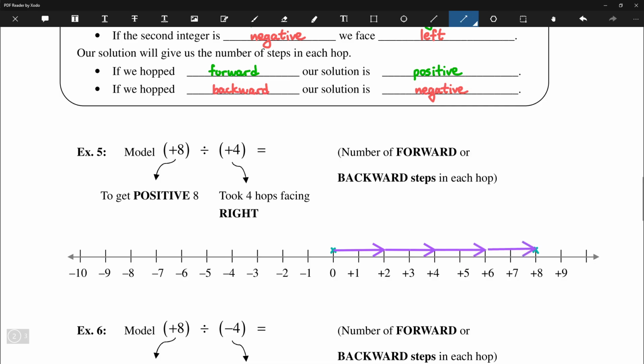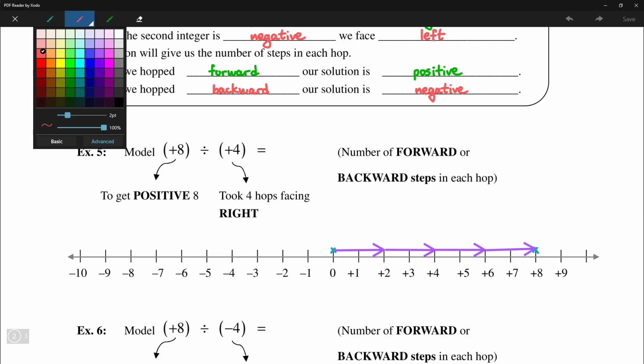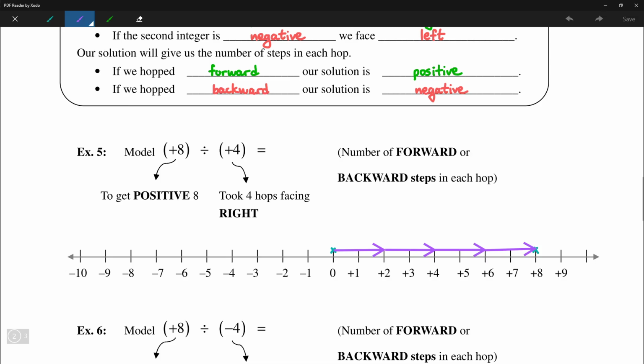Of course the hops will be the same size, so in this case each hop was size 2. So this would be plus 2, and it's going forwards. So 8 divided by 4 is simply 2.